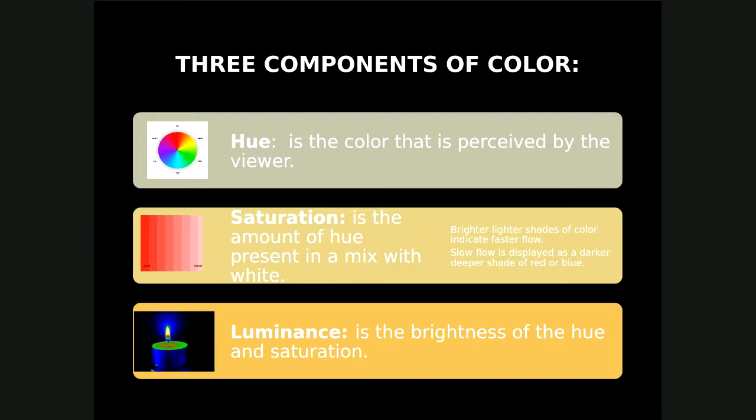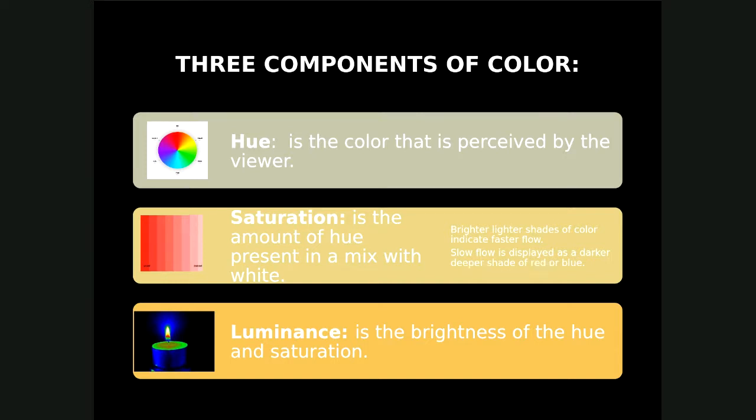This would be the faster flow here. And the deeper, darker shades are the slower flow. So if it's a deep, dark shade of red, it's slow. If it's a lighter, brighter shade of red, it would be fast, or blue, or whatever color assignment we decide to assign to our color map.